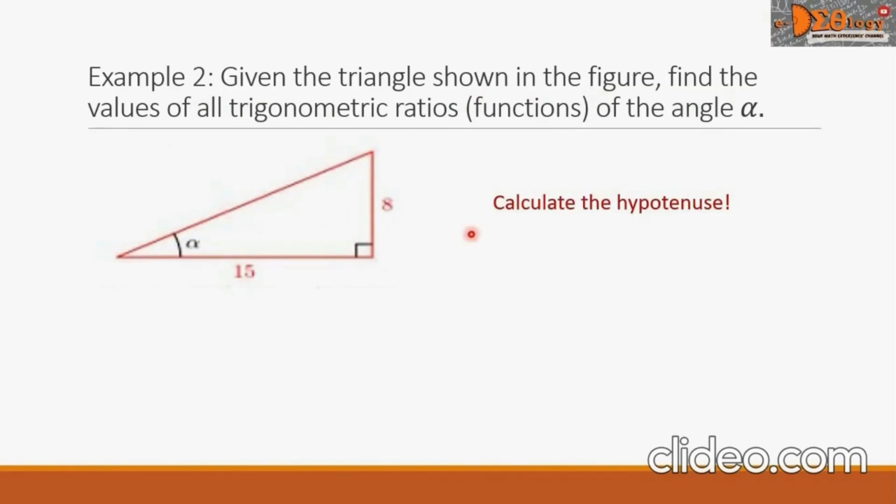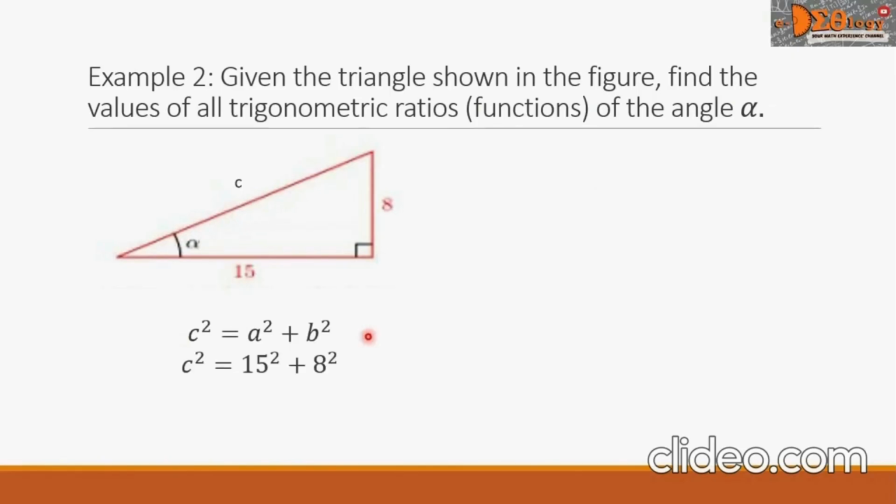So first, we will calculate for the hypotenuse. We will use the Pythagorean theorem. We will assign letter c to the side which is the hypotenuse, and the formula will be c squared equals a squared plus b squared. Substituting now the values, we have c squared equals 15 squared plus 8 squared.